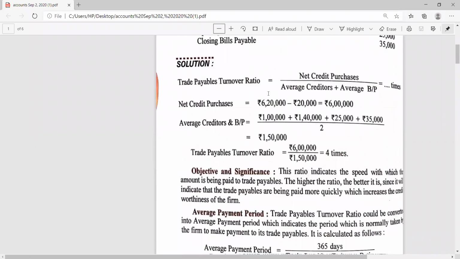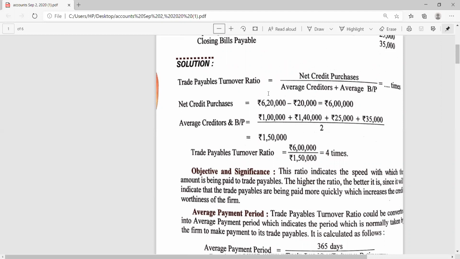Again, I'm telling you, first of all, you have to write the formula for what is to be calculated. We have to calculate the trade payable turnover ratio: net credit purchase divided by average creditors plus average bills payable. Here the net credit purchases will be purchases minus returns, and average creditors will be from opening creditors, closing creditors, opening bills payable, and closing bills payable.